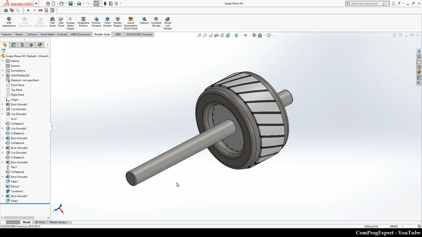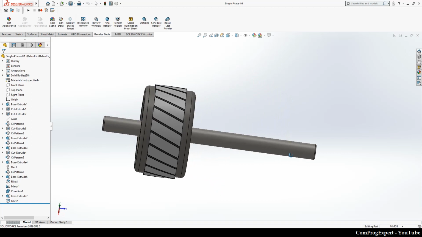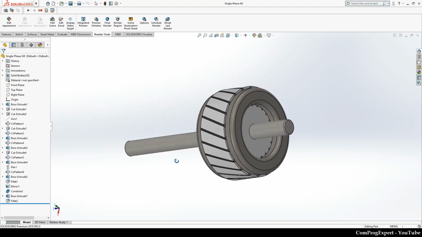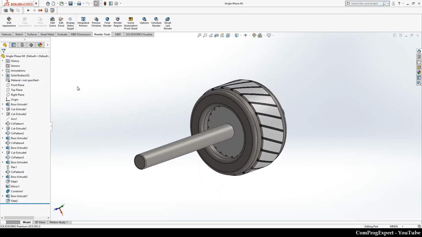You can see the link here that is about calculation of the moment of inertia of the rotor of induction motor. So in that video, I explained how you can create the three-dimensional CAD model and how you can set materials and calculate the rotor moment of inertia.